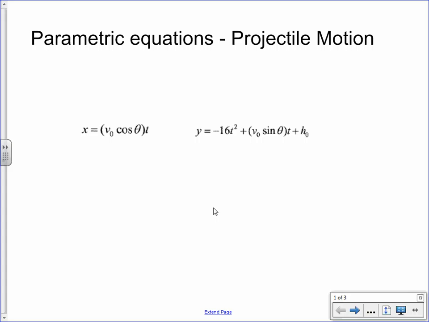Okay? Now, when we kick, throw, shoot any sort of object, we do so at an angle, all right? So theta is describing the angle that the object is being kicked or thrown, or we'll just say projected from the horizontal, okay?